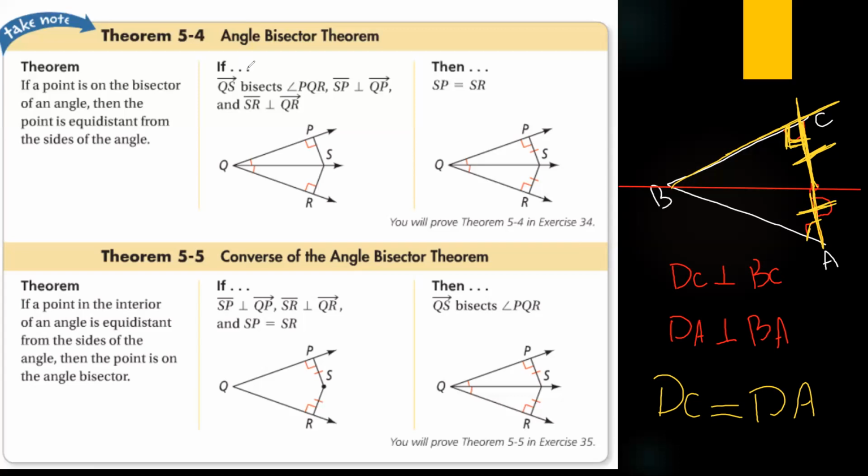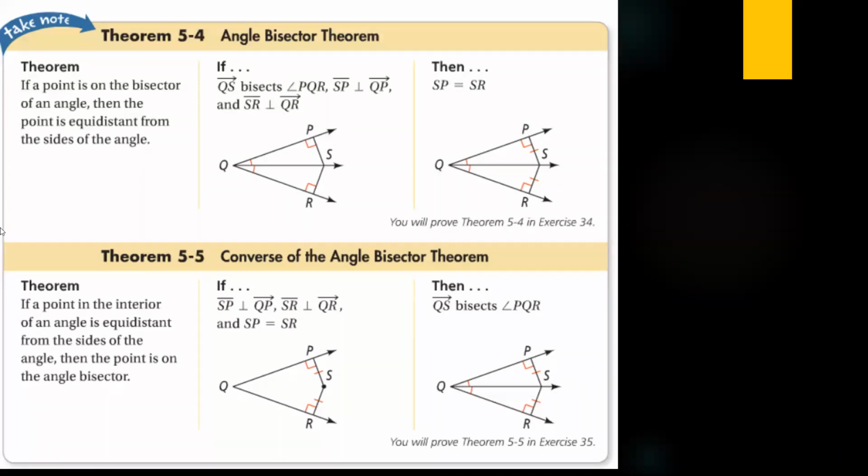Yes, Miss. Now, the converse of the angle bisector theorem says that if you have any angle, P, Q, and R, and in this angle there's a point, and the distance from this point to this line and from this point to this line are equal.